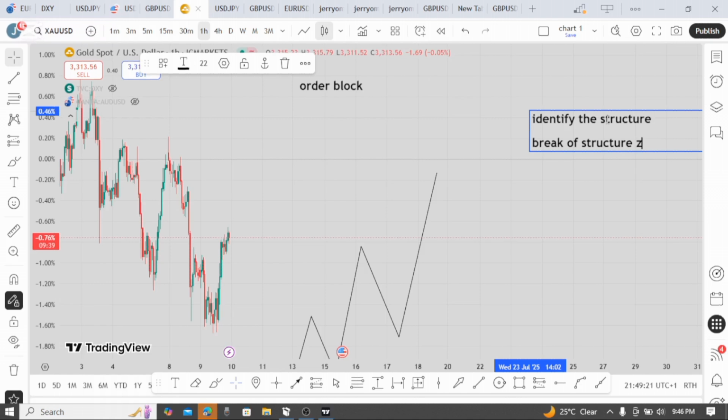As we have said earlier, you have to know the break of structure zone. Then the third thing, you have to identify the order block.